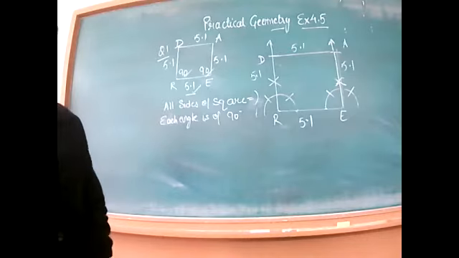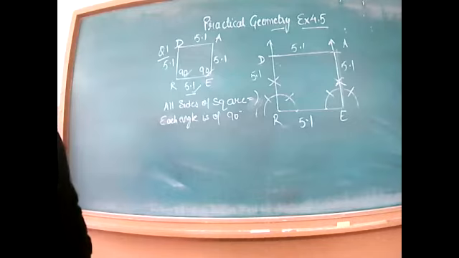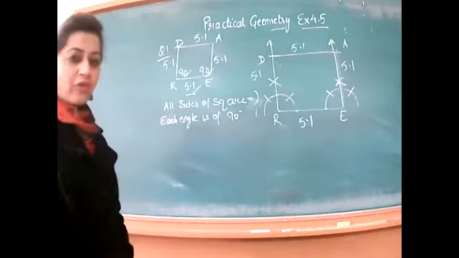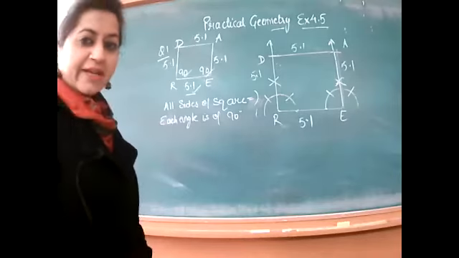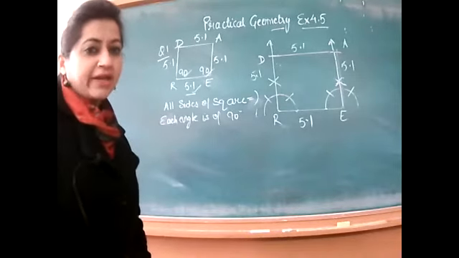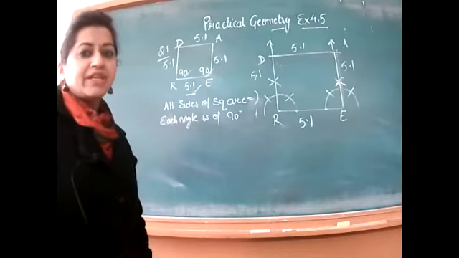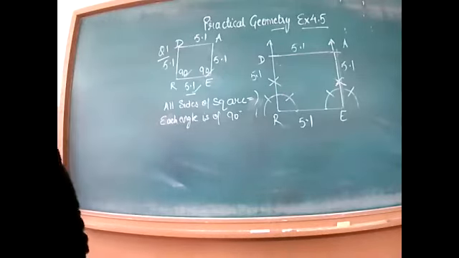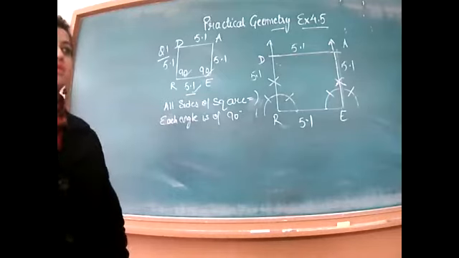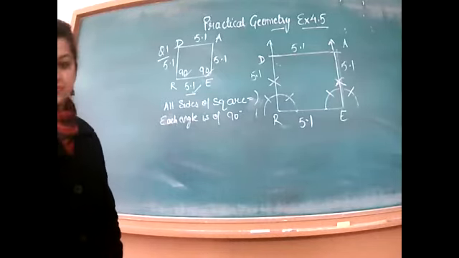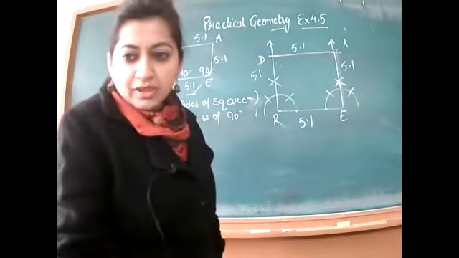Put an arc of 5.1 from R, and then put an arc from E of 5.1, and name the points D and A. Then in the next step, join DA. This is your required square READ. Okay.